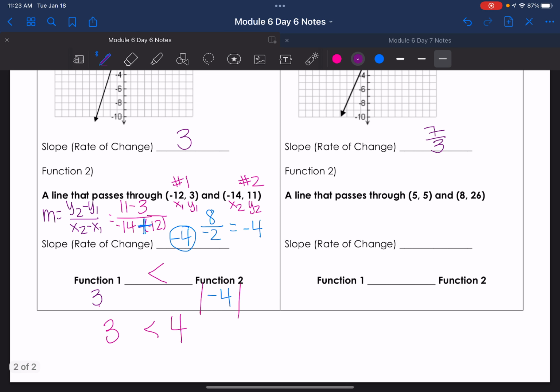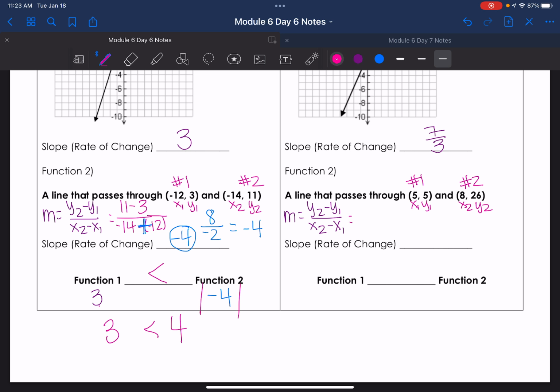And then looking at the next one, of course, we are going to label ordered pair number 1, x1, y1, ordered pair number 2, x2, y2. So we're going to use that slope formula of m equals y2 minus y1 over x2 minus x1 and plug in our information.